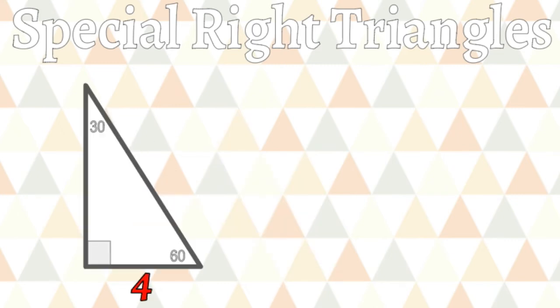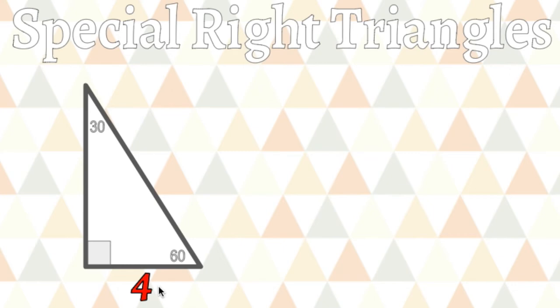So for example, consider this 30, 60, 90 right triangle. Given that the side length opposite the 30-degree angle is 4, we can go ahead and bust out those other 2 side lengths really easily.